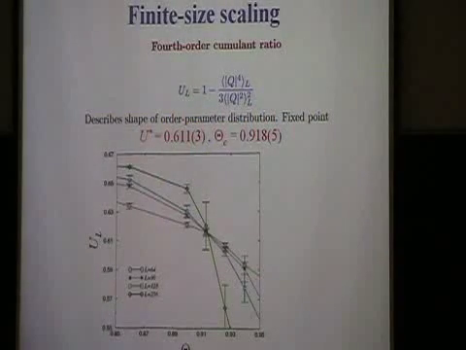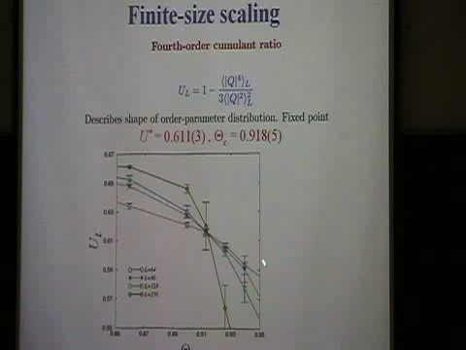Okay, so finite size scaling, and I'm not going to give you a full introduction to finite size scaling theory of equilibrium phase transitions. For those of you who haven't seen that before, this can serve as a very quick introduction. One of the best ways of finding the critical temperature in a temperature-driven second-order phase transition is to calculate what's known as the fourth-order cumulant ratio, or the Binder cumulant.